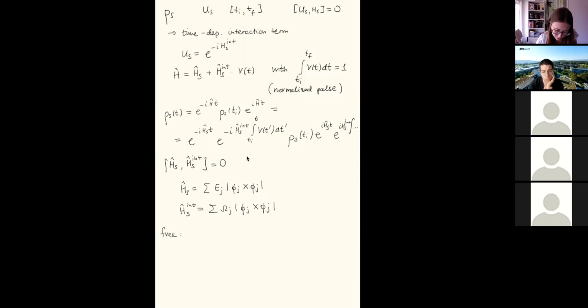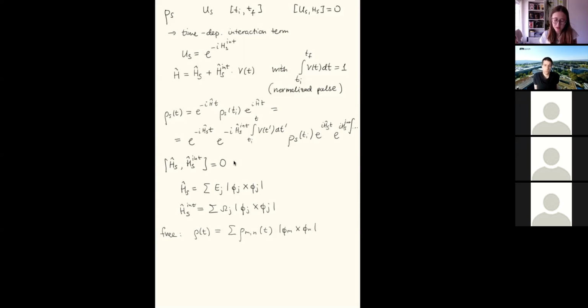And then the free evolution, given just by the Hamiltonian hs, we can always write it. We just write the elements of the density matrix here. So this is nothing new.